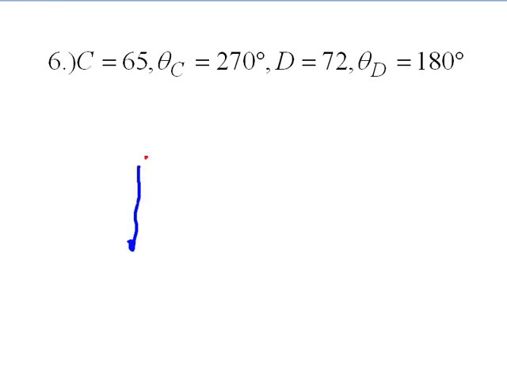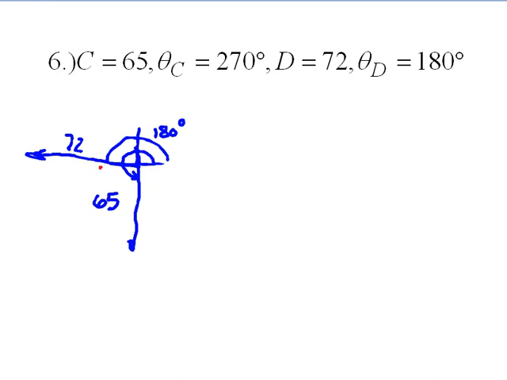Okay, so we had C at 65 going straight down, 270 degrees. If we put kind of a grid system in here, we can see that this is 270 degrees. Then we have D, and D is 180 degrees. So that's going to be right here, and that's 72 and 180 degrees. Alright?